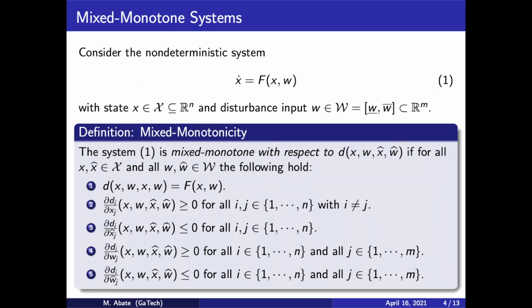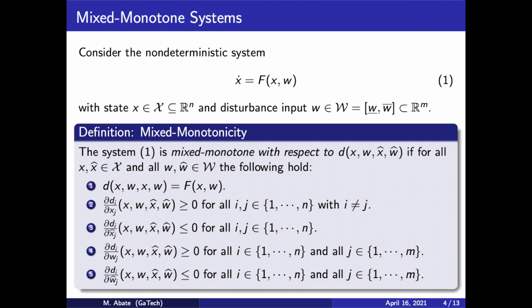So I'm next going to present the definition of mixed monotonicity in continuous time. We're considering a non-deterministic dynamical system given as equation 1, x dot is equal to f of x and w, where here x is your state and w is your disturbance input. And we're going to assume that w evolves non-deterministically inside an interval of possible disturbances that affect your system. Okay, so the system, equation 1, is mixed monotone when there exists a related decomposition function d that satisfies the 5 conditions shown on the bottom of this slide.